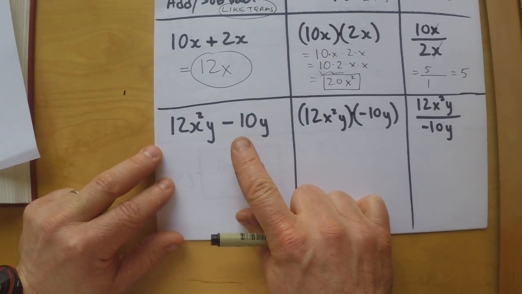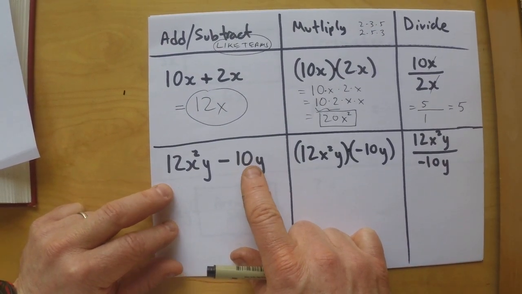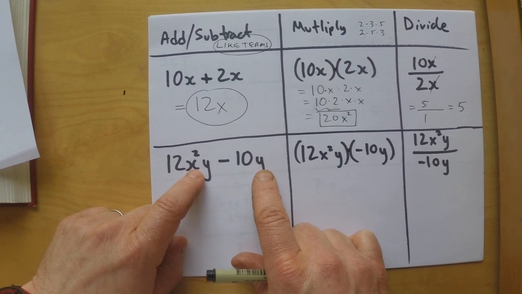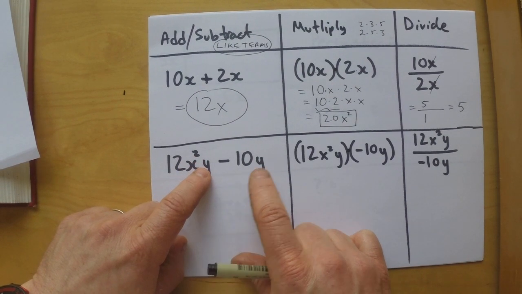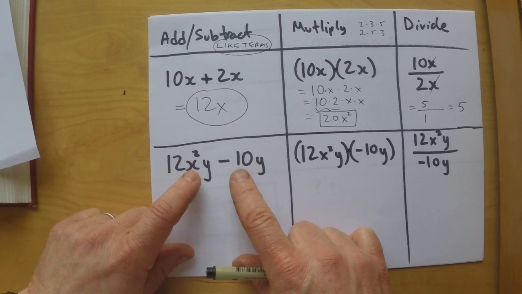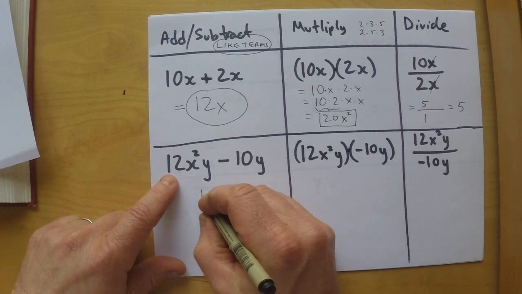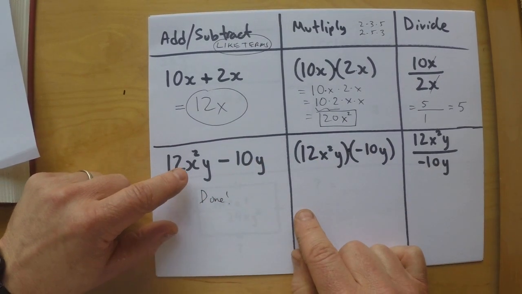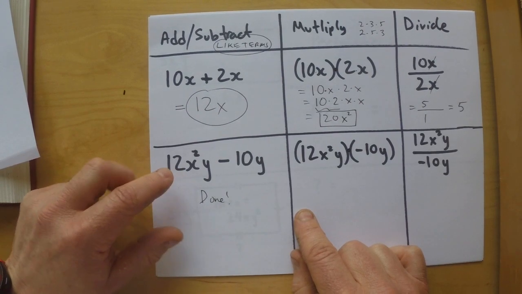So let's look at this one first, the add subtract one that you know, like terms. Are these like terms? No, because this is an x squared y term, this is a y term. If someone said to add and subtract that, you should look at them and go, I can't. This is done. These are unlike, over. That's almost the best question in the world, and yet the hardest question.